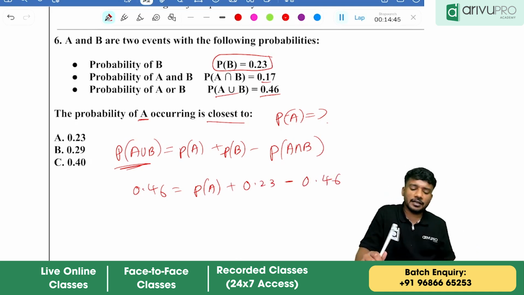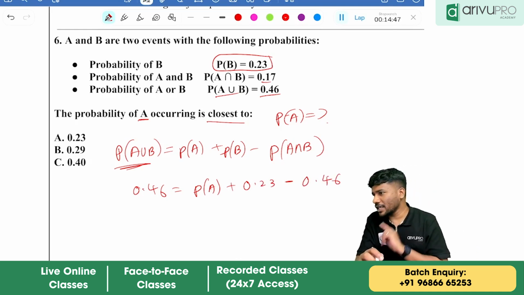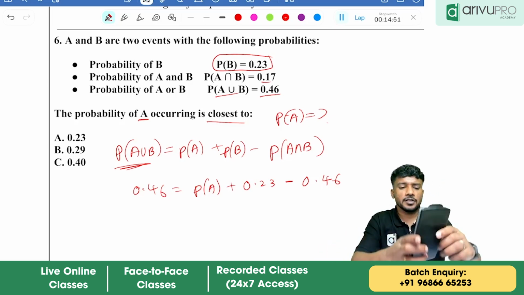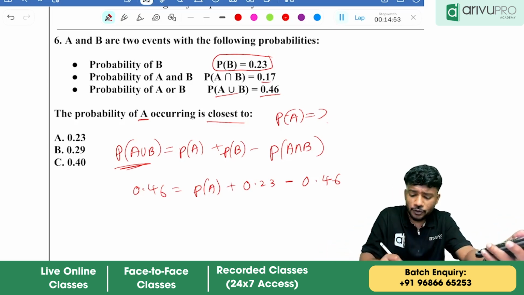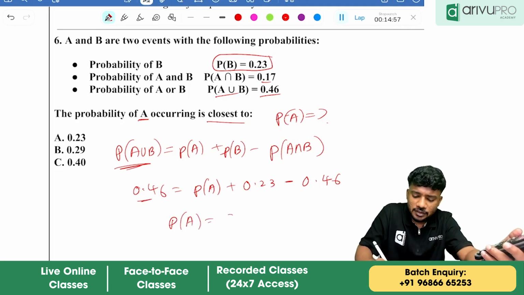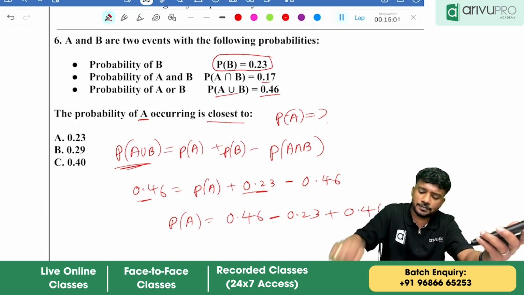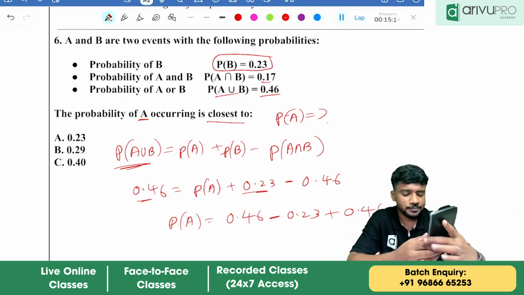Please get me the value of P of A by just rearranging. Take your calculator and you can do it. I'll write the step for you. P of A is 0.46, this will come to this side, minus 0.23, then minus 0.17 will come to this side as plus 0.17. Get the answer. How much is it?